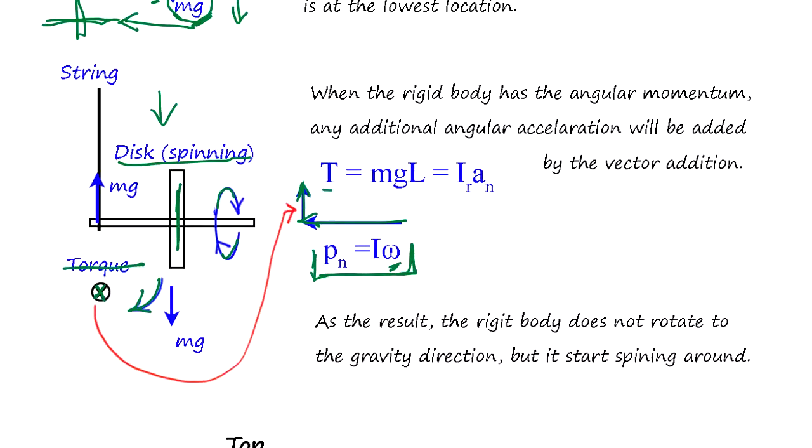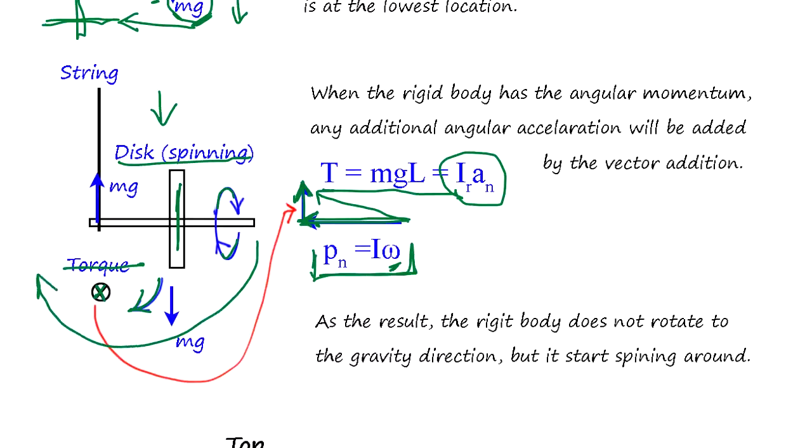Okay, so this is going to be the new angular acceleration. New angular acceleration is applied to the existing momentum, so it moves this way. That means the whole thing is going to spin slowly by this.